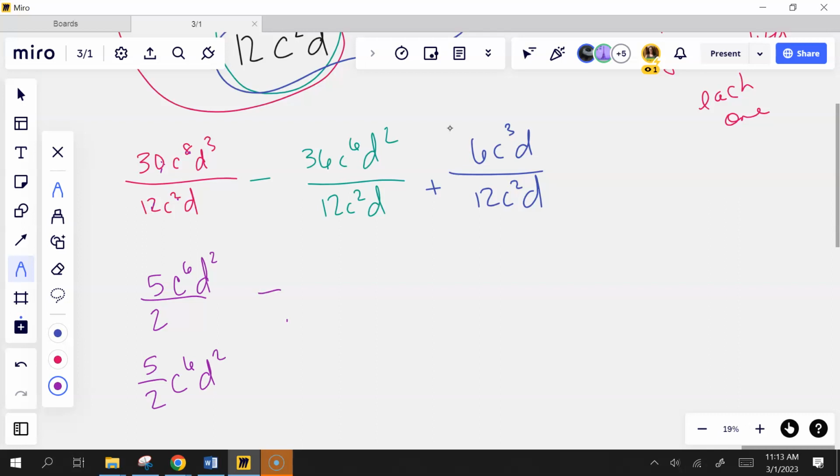Look at the next fraction. 36 divided by 12 is what? 3.